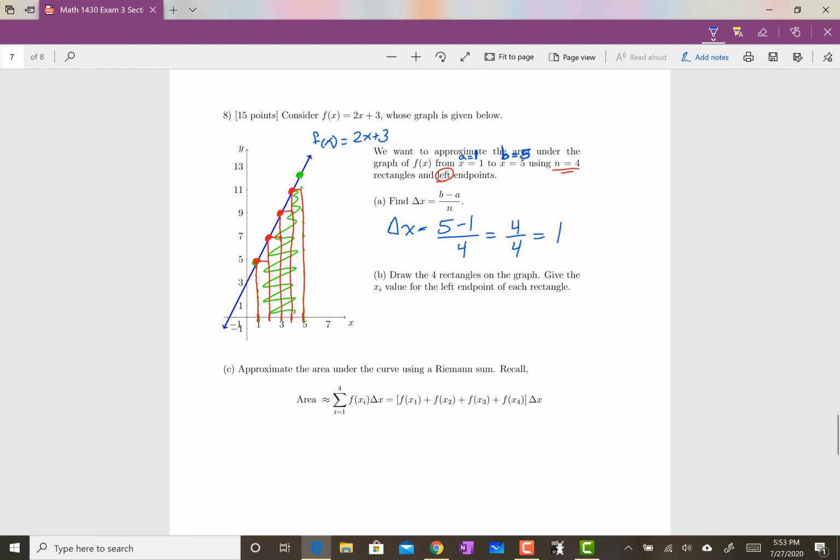Okay. Next, it says draw 4 rectangles on the graph. Well, I actually already did that in red. And we want to give the x sub i value for the left endpoints of each rectangle. So what we're really asking for is, what is this x value? What's this x value? What's this x value? This one.